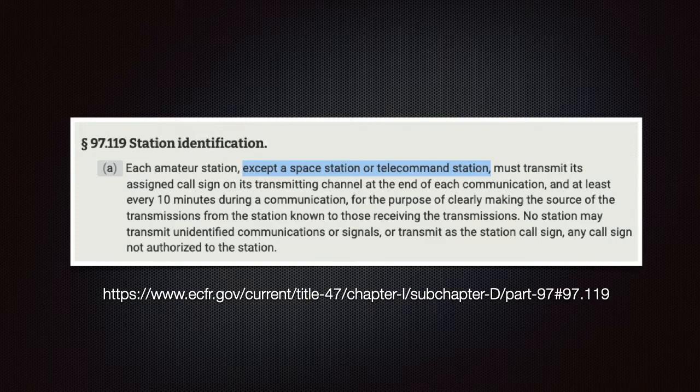Each amateur station, except a space station or telecommand station, must transmit its assigned call sign on its transmitting channel at the end of each communication and at least every 10 minutes during a communication, for the purpose of clearly making the source of the transmission from the station known to those receiving the transmission. No station may transmit unidentified communications or signals or transmit as a station call sign any call sign not authorized to the station.